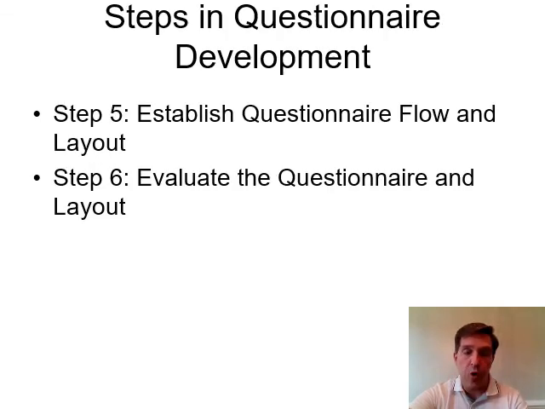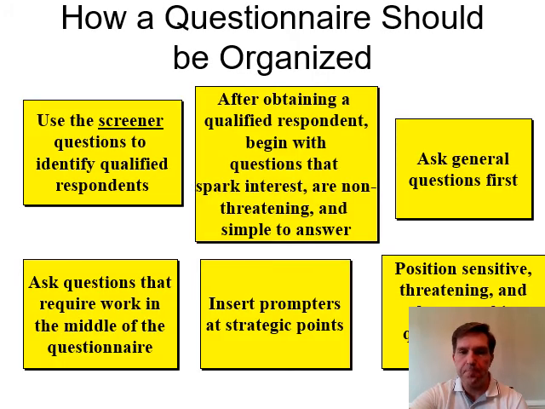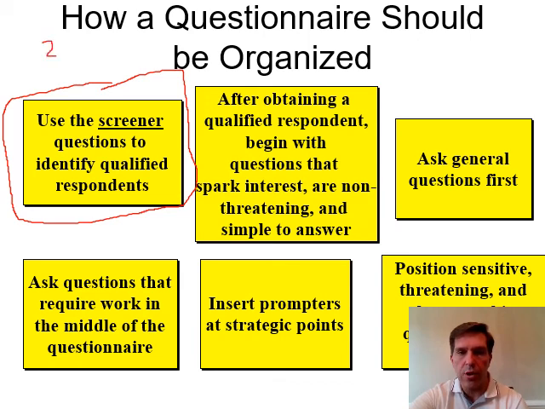And then there are a few other aspects. I'm going to go quickly through this. First is, how do you set the questions? What is the layout that you need to use? Okay. So first, you should always have any screener questions that qualify the respondent. So if you only want to have answers from people that are 21 and over, because you're going to ask them about beer, well, you have a screener question in the beginning, are you over 21?